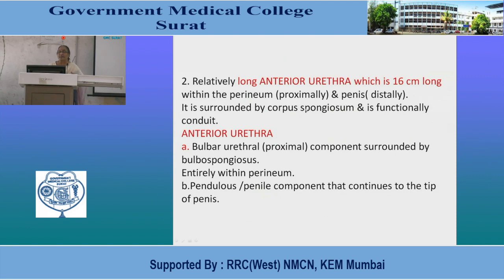It is surrounded by the corpus spongiosum, a cylinder in the substance of the penis, and we have seen in the transverse section histologically the 3 cylinders, and it is functionally a conduit. The anterior urethra consists of the bulbar urethra, the proximal component surrounded by the vessels, entirely within the perineum, and the pendulous and penile component that continues to the tip of the penis.